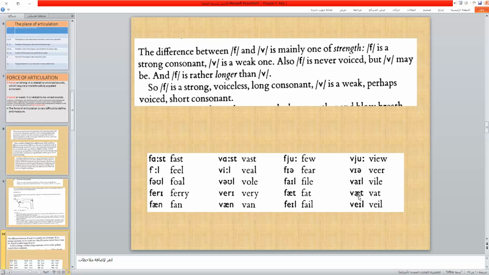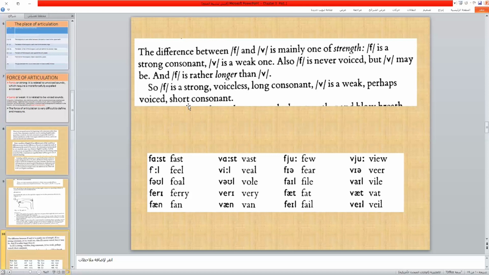You can feel it when you touch your throat. So this is the difference between being voiced or voiceless. So f is a strong, fortis, voiceless long consonant. V is a weak, lenis, voiced short consonant.